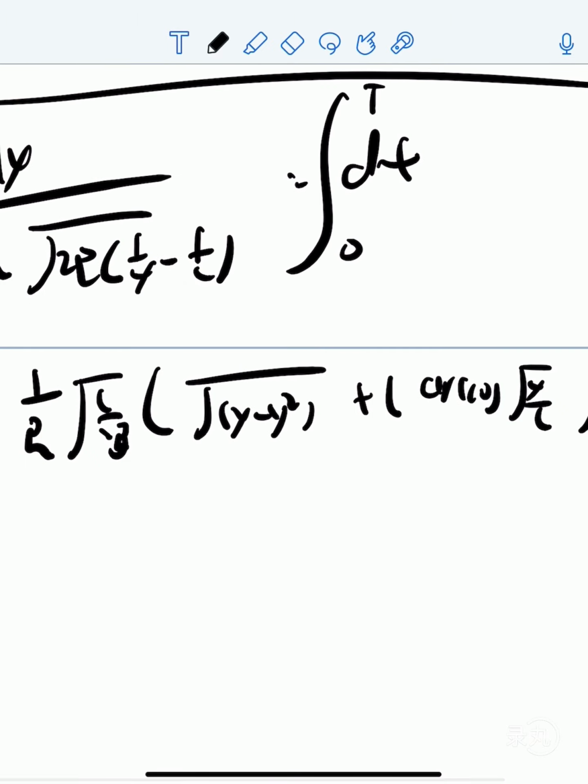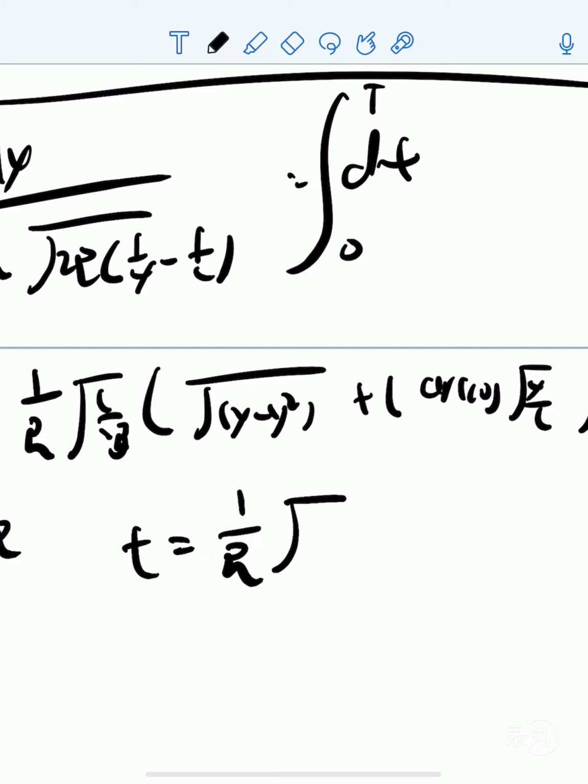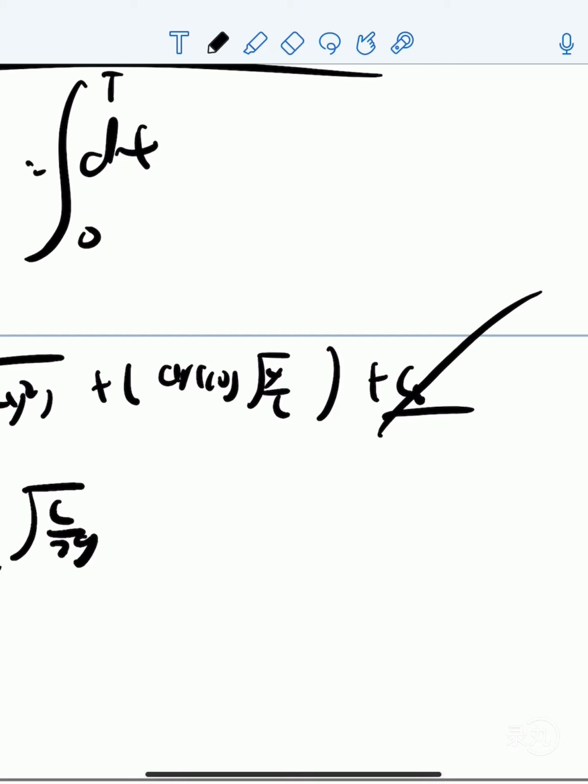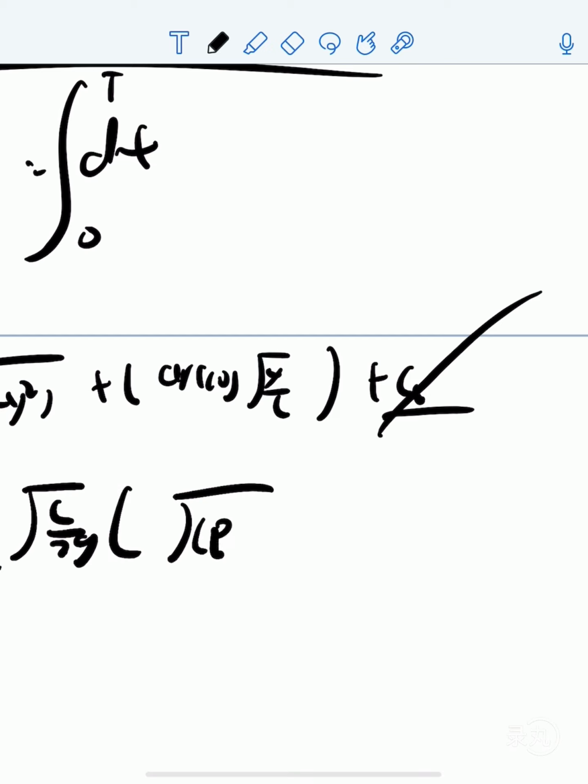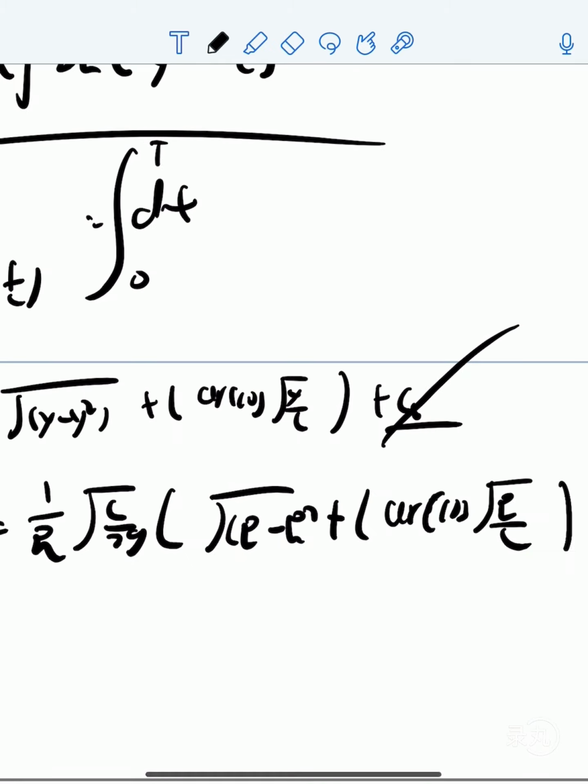And plug in that y is equal to R, we can get this one is equal to L R over 2g, and L R minus R squared plus L R cosine this. Okay, we're done with this video.